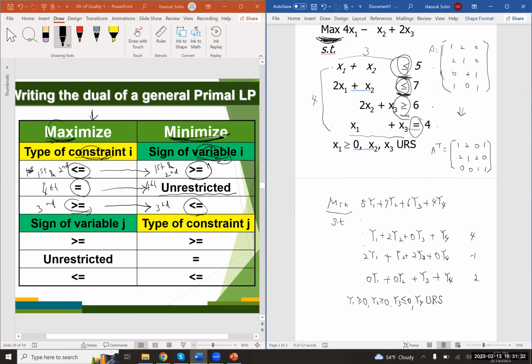Now we need to determine the sign of each constraint. In order to do that, we need to look at the sign restriction on the primal, which is the maximization problem, okay? So in the maximization problem, the first decision variable has greater than equal sign, right?